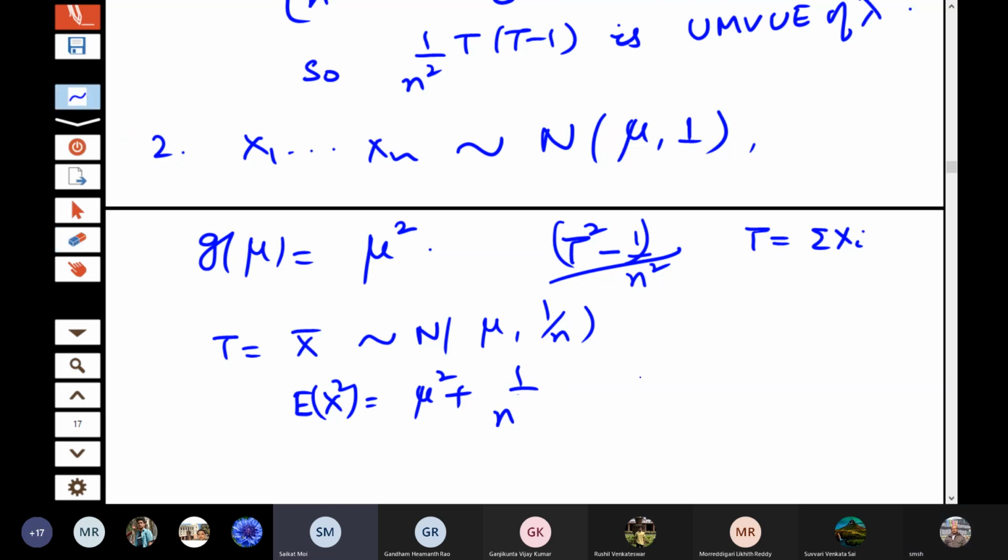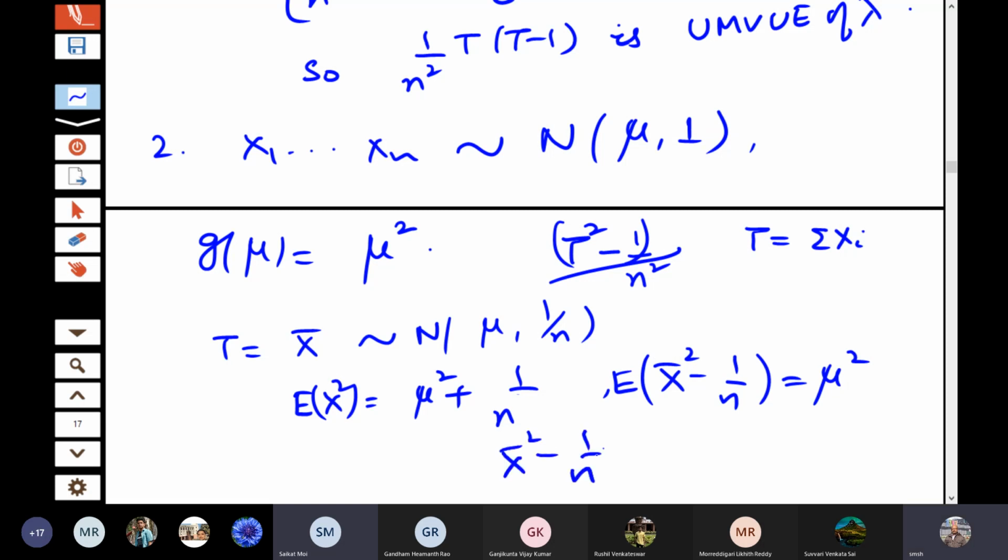So if I consider x bar square minus 1 by n, then that is mu square. So this is x bar square minus 1 by n. Let us call it say t star. So this is UMVUE for mu square.